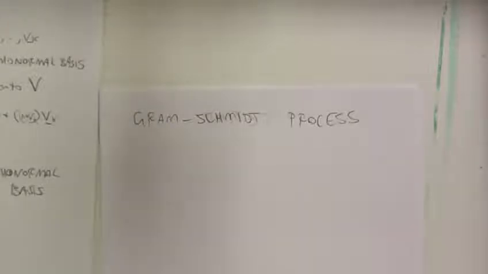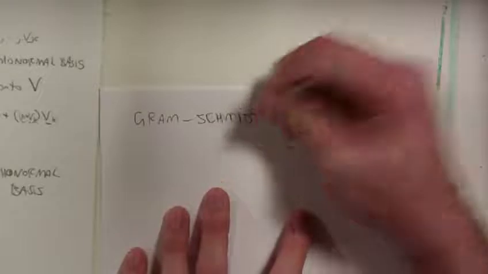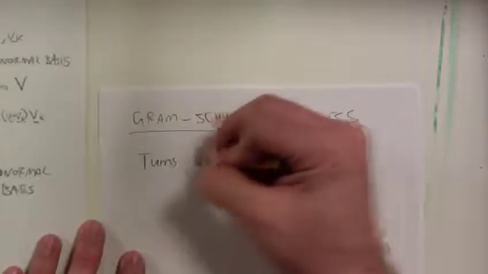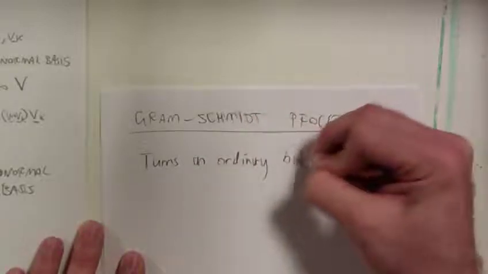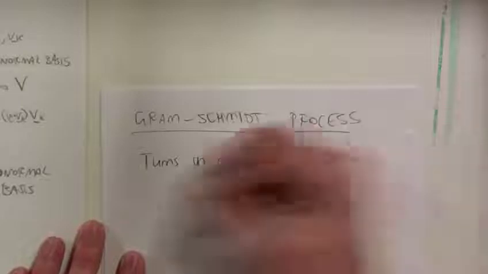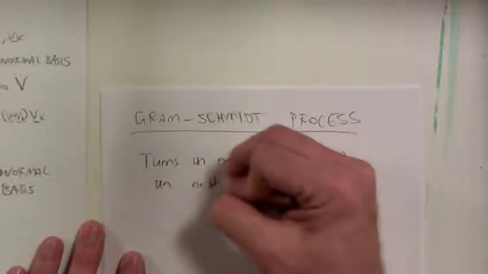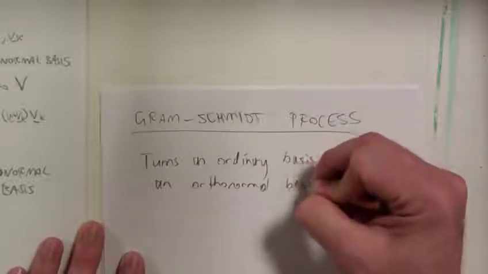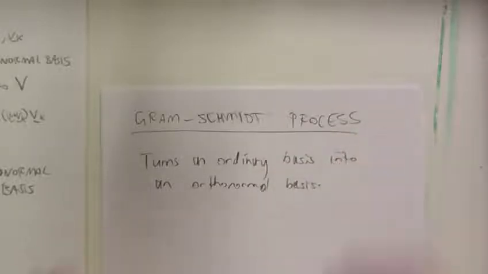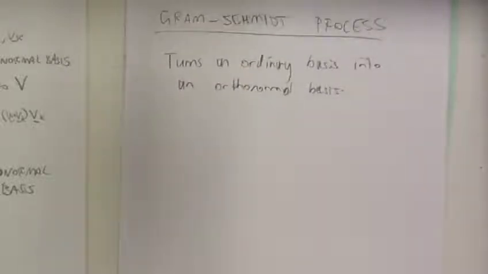Yeah. So the Gram-Schmidt process turns an ordinary basis into an orthonormal basis. And the way it works, so you may not have noticed this, is that you progressively replace each of your basis vectors by a new vector.